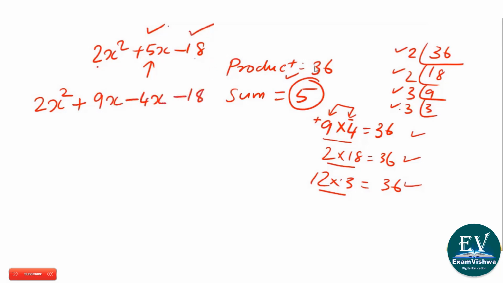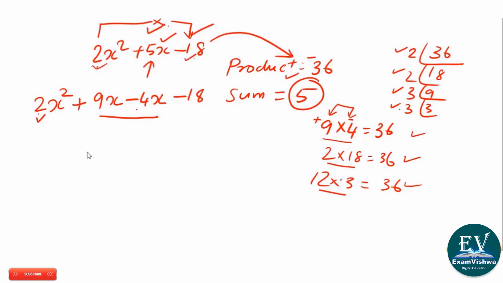We need to get minus 36 here, so 2 into minus 18 is minus 36. Thereby we could split the middle term in such a way that the sum is equal to 5x, and the product of this coefficient and minus 18, 2 into minus 18, is 36 in magnitude, which we also got correctly.